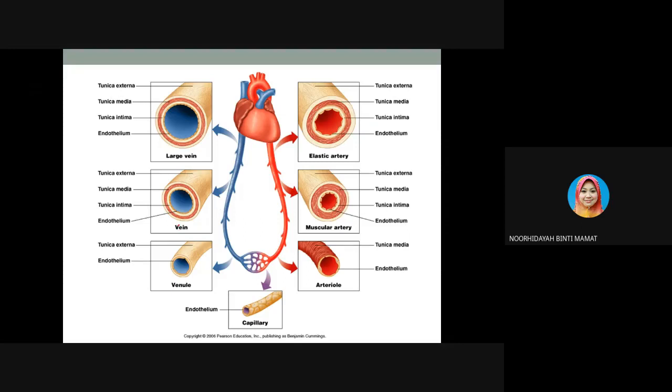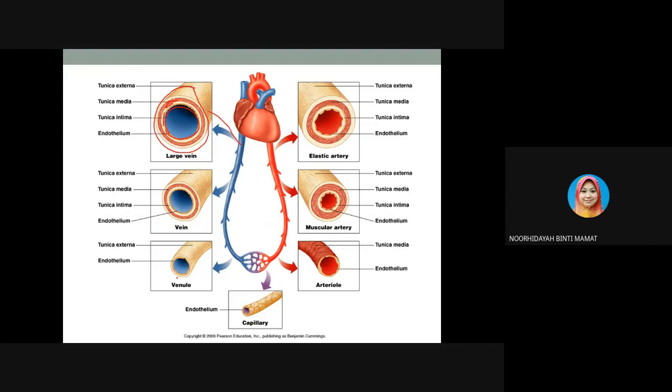As you can see from here, the outer layer is the tunica externa, here is the tunica media, here is the tunica interna, and here is the endothelium. This is the blood vessel of the large veins. So the vein has the tunica externa, tunica media, tunica intima and endothelium.